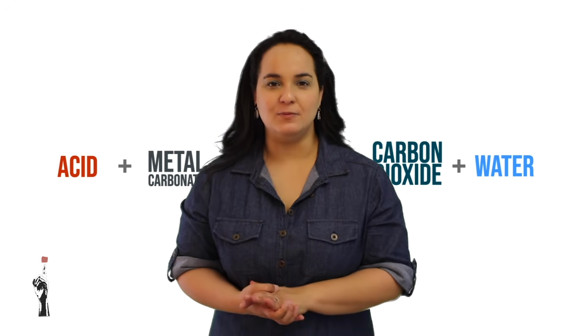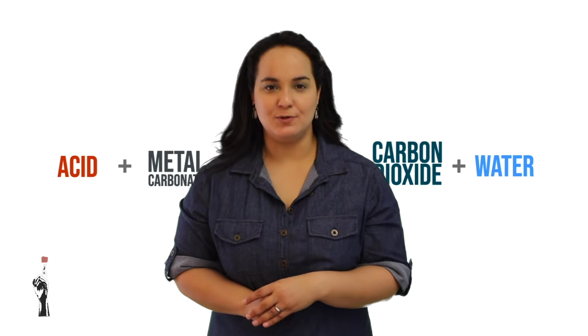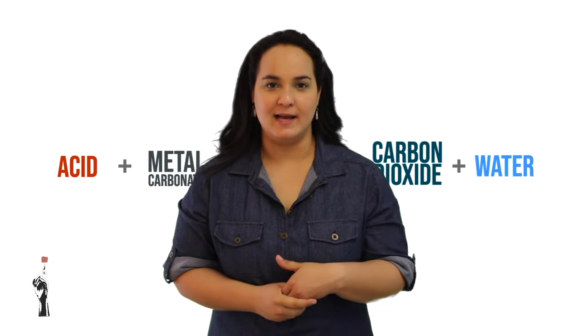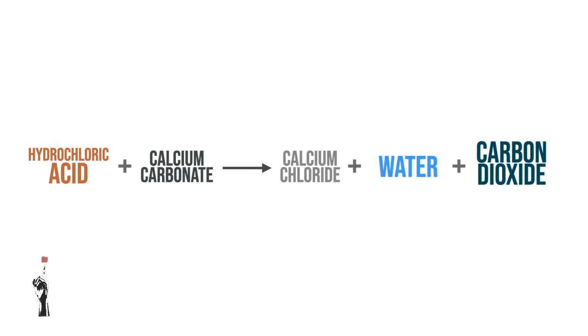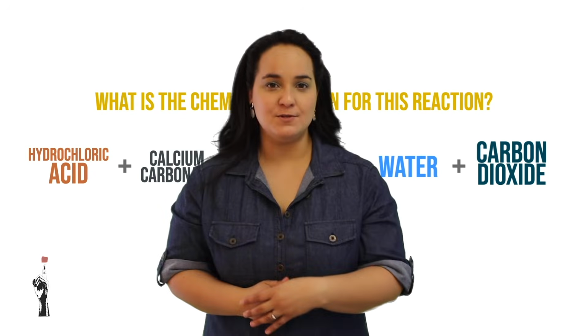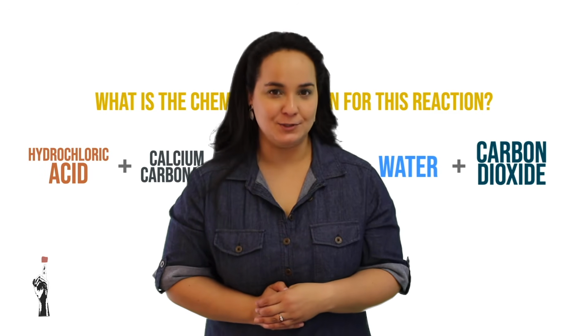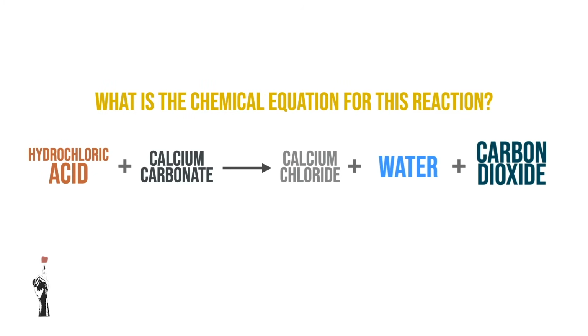If calcium carbonate were to be added to diluted hydrochloric acid, the following will happen. Hydrochloric acid plus calcium carbonate would result in calcium chloride, water, and carbon dioxide. Do you think you will be able to write down the chemical equation for this reaction? If you seem to struggle, please refer to lesson 2 to sharpen up.